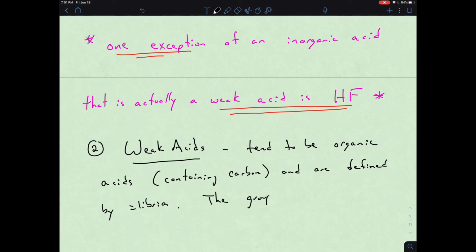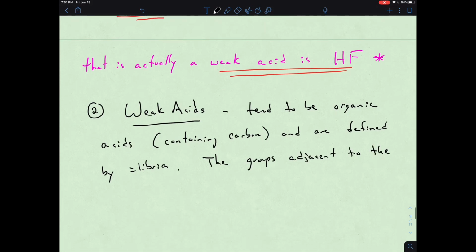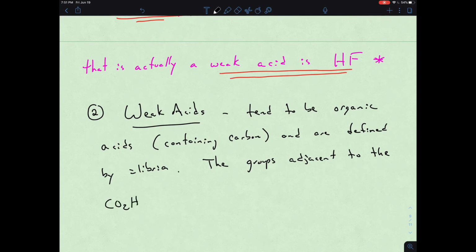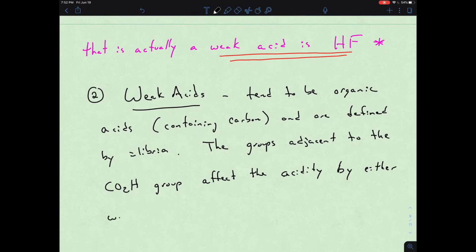The groups adjacent to the CO2H group affect the acidity by either withdrawing electron density or by donating electron density.